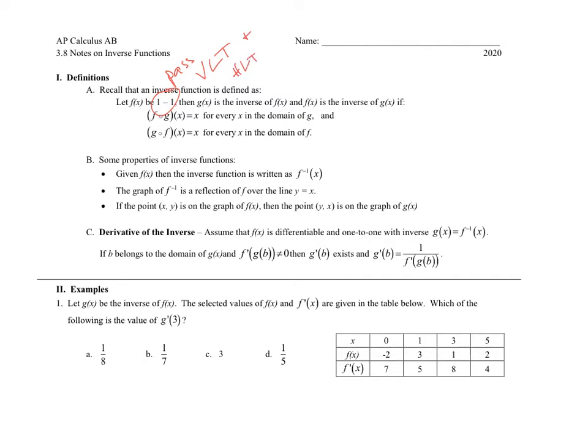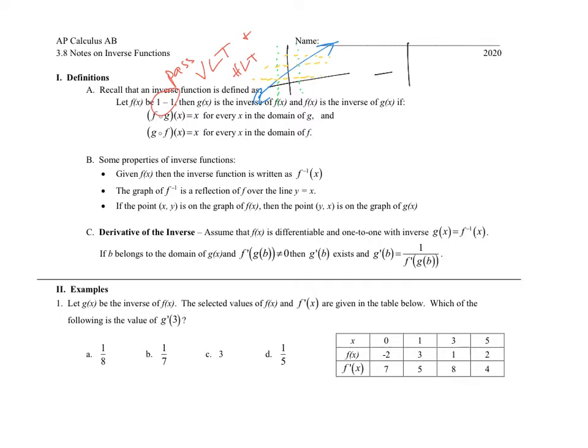For example, if I were to look at the graph of a line, and I were to draw a vertical line that would pass through any point on this line, that means it's a function. But if I were to draw a horizontal line, it would only pass through one point at a time on my blue line, meaning that I could find an inverse of this function, and the inverse of this function would also be a function.